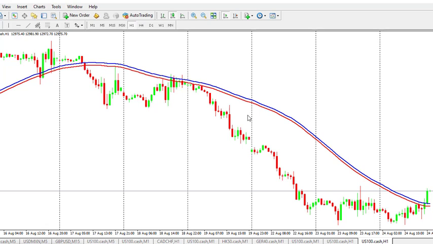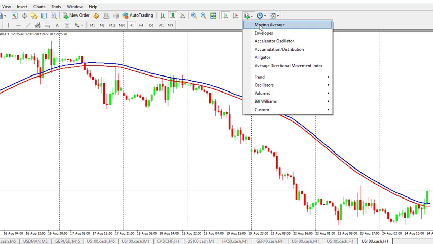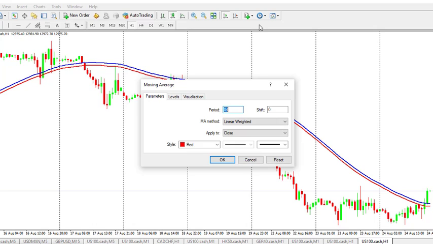The next indicator I'm going to add is moving average. Let me start with 64 first, rather 62. Period is 62. Shift, make sure it is 0 here.